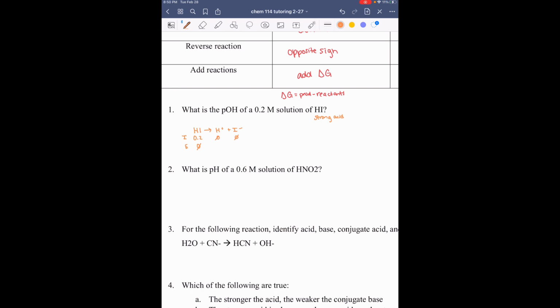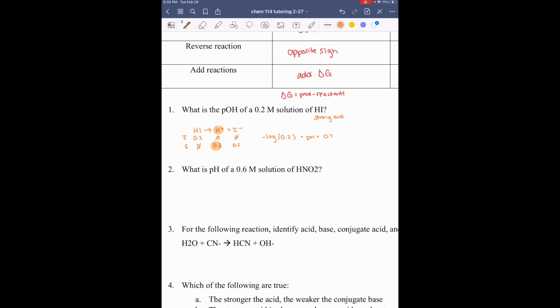Our equilibrium will be 0.2 for both hydrogen and iodine ion. So this is the one that's going to be important. We take the negative log of 0.2, and that would equal our pH. I think it equaled 0.7. I don't actually have my calculator on me.